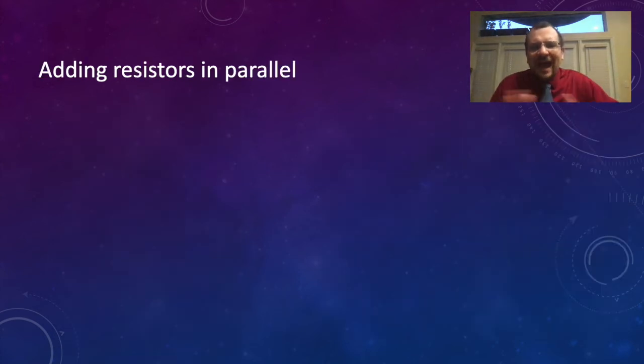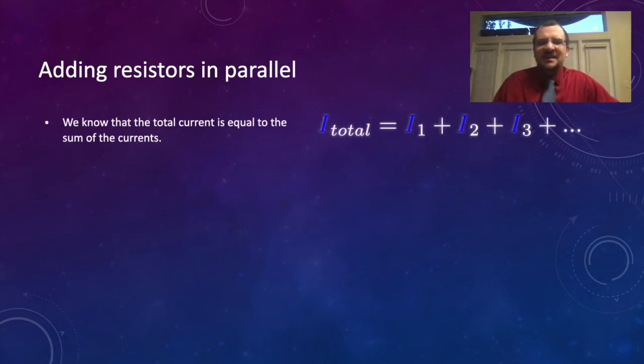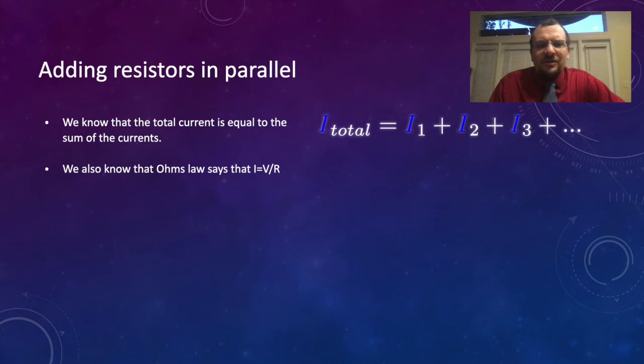Now, let's see how we're going to add up resistors in parallel. So we know that the total current is equal to the sum of the individual currents. We also know that Ohm's law says that the current is equal to the voltage divided by the resistance.